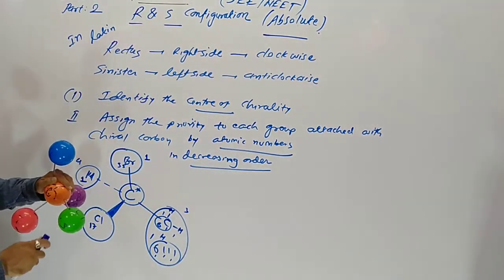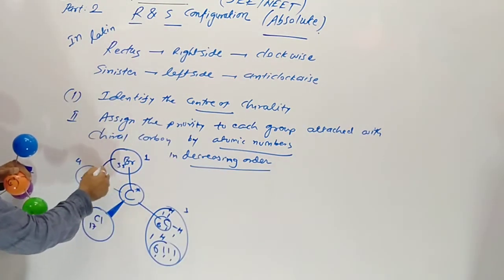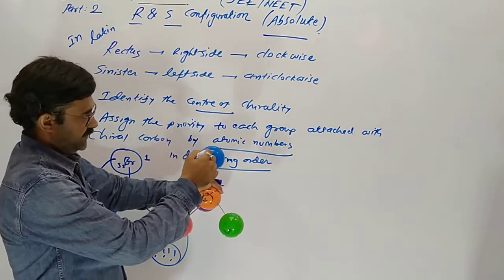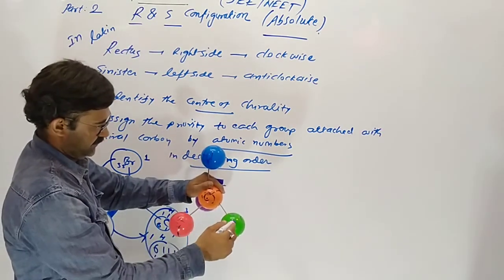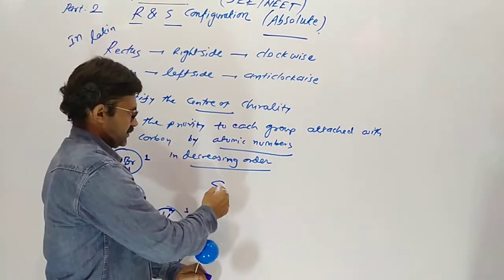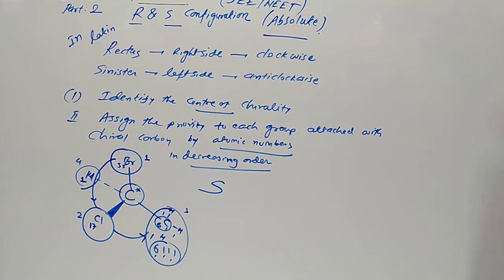Thereafter we have to read 1, 2, 3. Yes, you can see 1, 2 and 3. In reading 1, 2, 3, it comes anti-clockwise. So S configuration. It has S configuration. Understood?